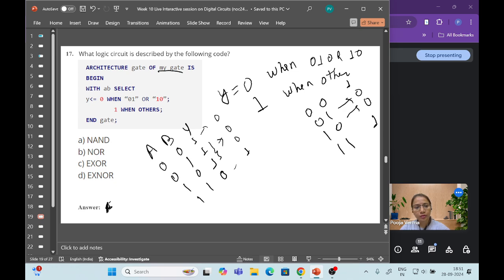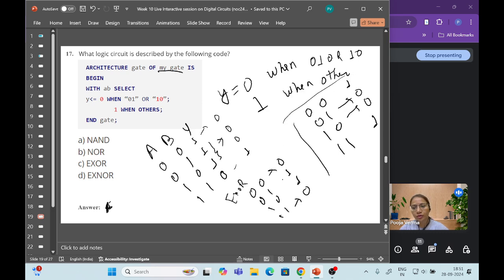The XOR gate is also not possible, because in the XOR gate when the inputs are the same, the output is 0, and when they are different, the output is 1. The XNOR gate is the opposite of the XOR gate.